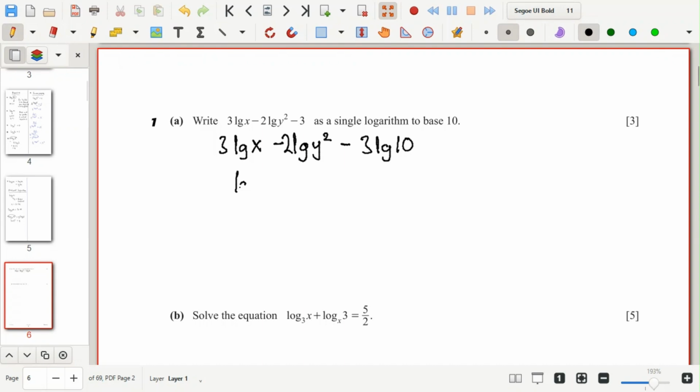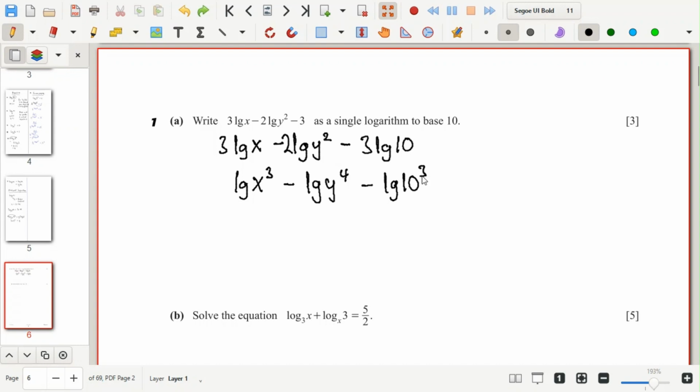So I'm going to get, from the power rule, the coefficients can become your power. So 2 times this, you get 4, right? Then the same as 10 raised to the power 3.